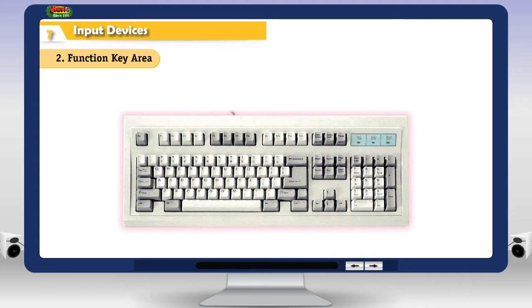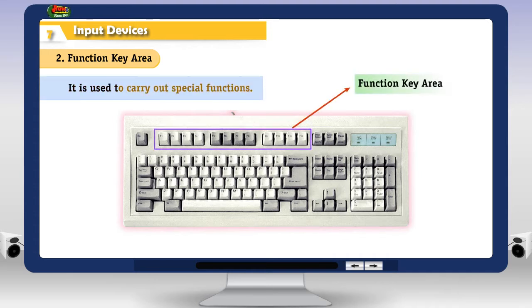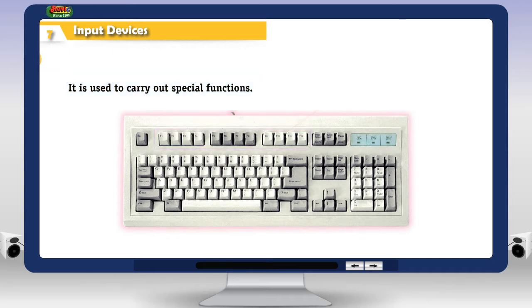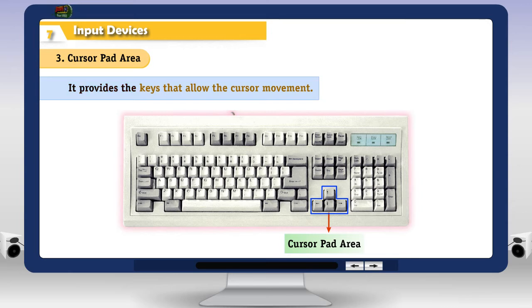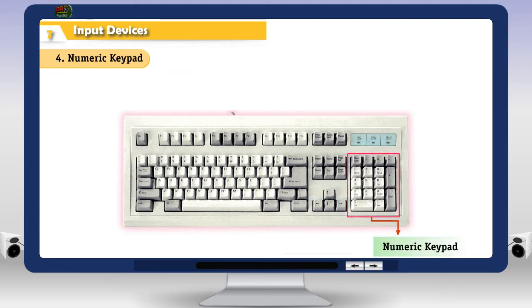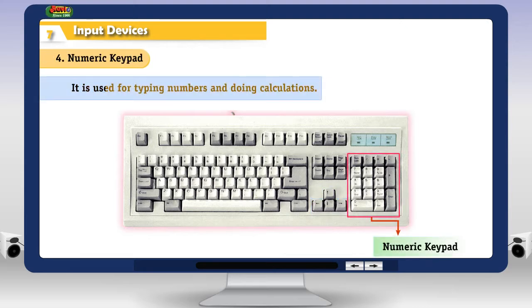Function key area. It is used to carry out special functions. 3. Cursor pad area. It provides the keys that allow the cursor movement. 4. Numeric keypad. It is used for typing numbers and doing calculations.